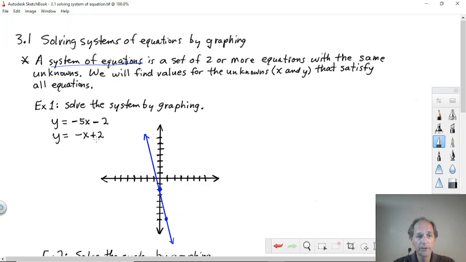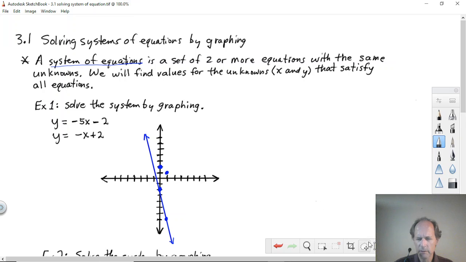It has a y-intercept of 2 and a slope of -1. -1 is m in this equation, because that's what is multiplied by x. So again, the rise is -1. Rise over run equals -1 over 1. The rise will be going down 1, and the run will go over 1 in the positive direction.